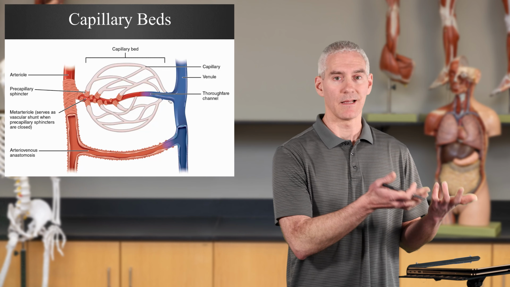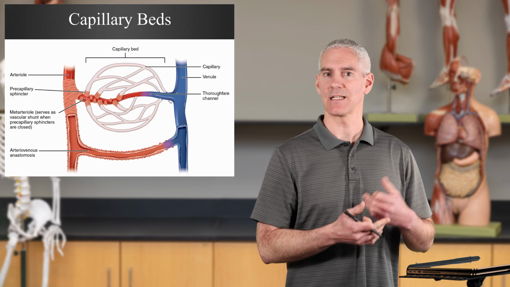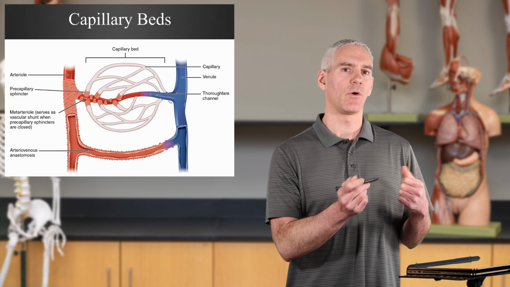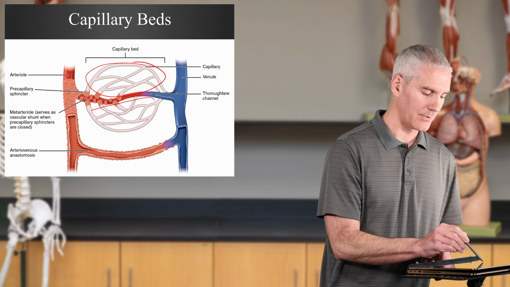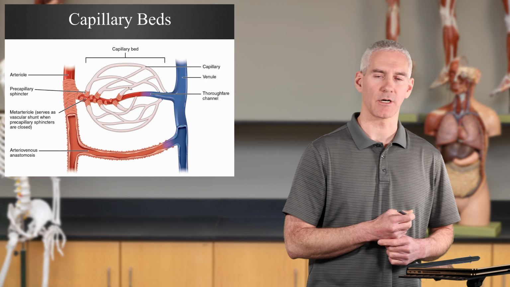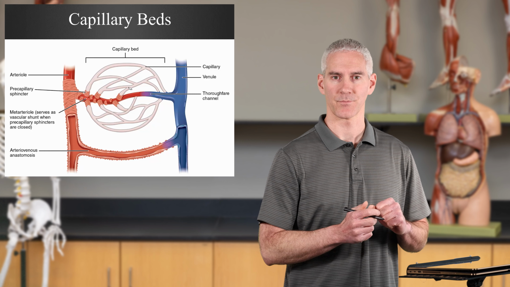Or maybe that this particular one is just simply bypassing through because the one next to it isn't going through full exchange. But if you go into the true capillaries, that's what these are up top and down below. That's where the exchange would primarily occur for gases, for nutrients, for ions, for hormones, for whatever.